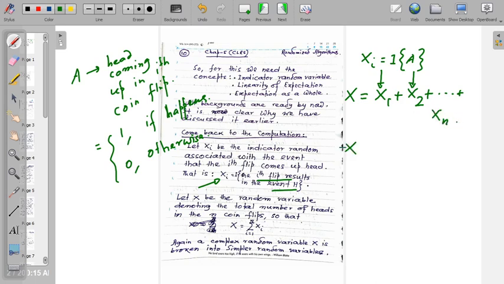So you can write that X is nothing but the sum of Xi, i equals 1 to n.